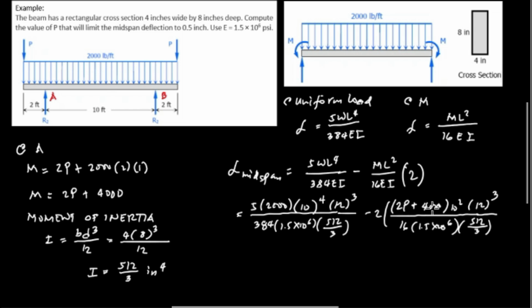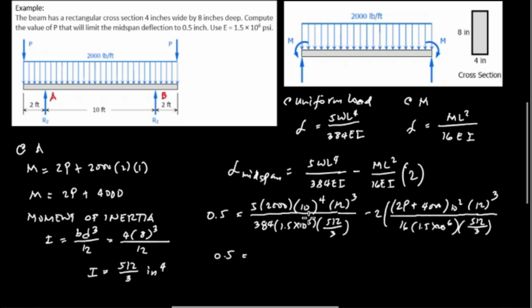The unit here is pounds-foot, and this is 10 feet squared, so that's 12 inches for 1 foot, and it's cubed. And simplify, and the deflection at midspan should have a limit of 0.5 inch, so this will be equivalent to 0.5.